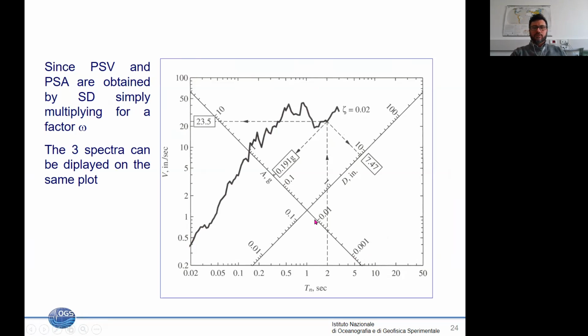Here you will have a pseudo acceleration spectrum where you can get exactly the value, and here you will have the spectrum in displacement. So it depends on in which direction you are going to read along which axis. So with one representation, it's possible to have a full overview of the different spectral amplitudes.